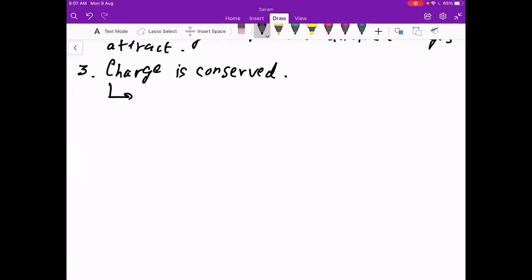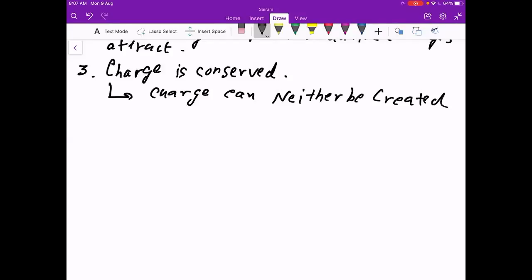It means that charge can neither be created nor destroyed. The amount of charge in the universe remains constant, which is not strictly true. You'll understand that later, but for now you can just think that we cannot create or destroy charges, which includes electrons and protons, right?